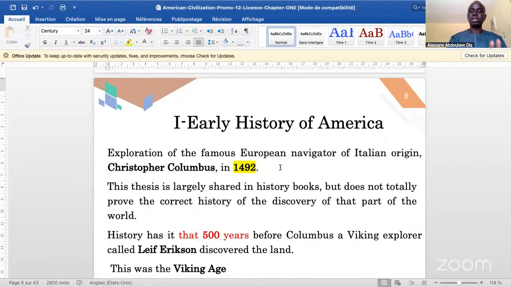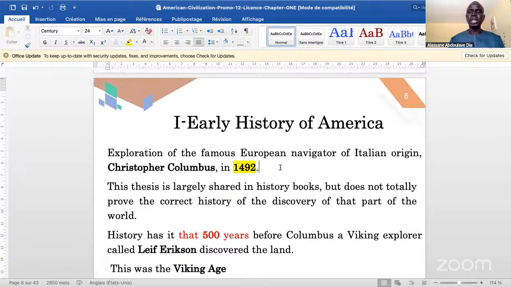This is what you have learned from your professors in secondary school. But there is a contradiction. This version of history does not prove the correct history of the discovery of that part of the world. This means simply that in the American version of history, for Americans, Christopher Columbus did not discover America.